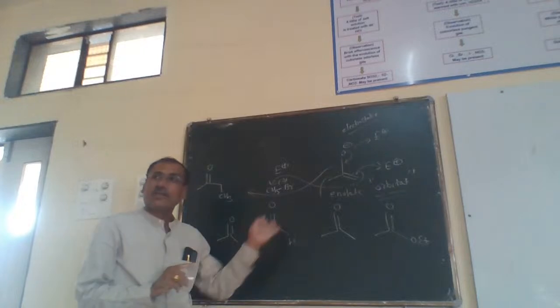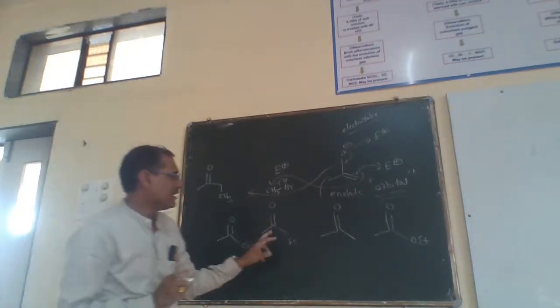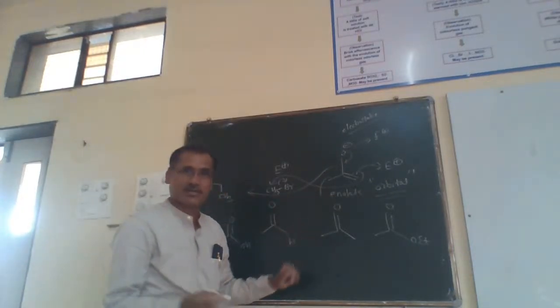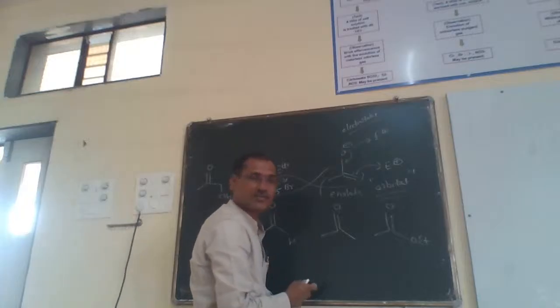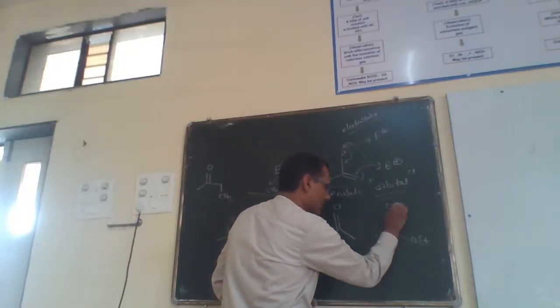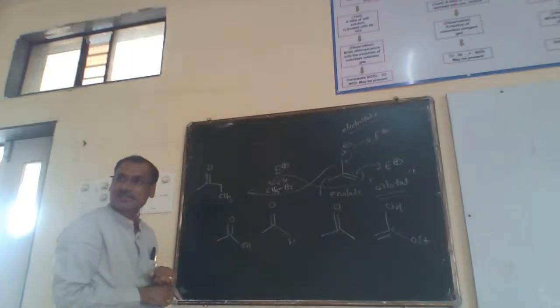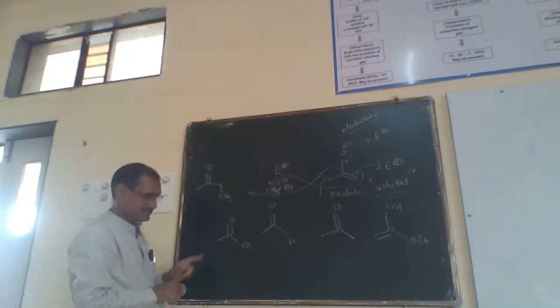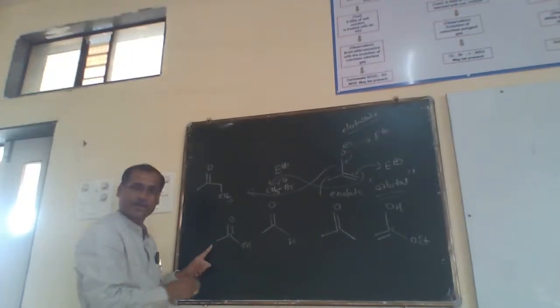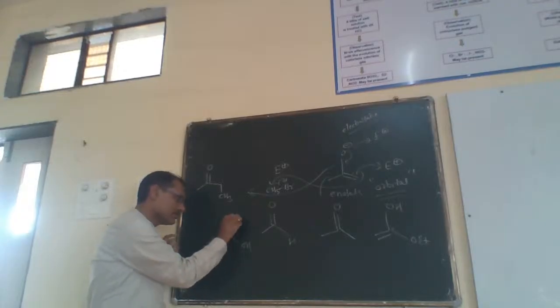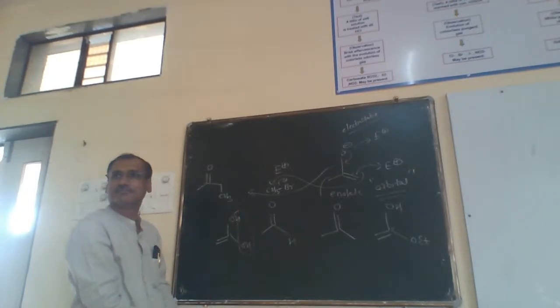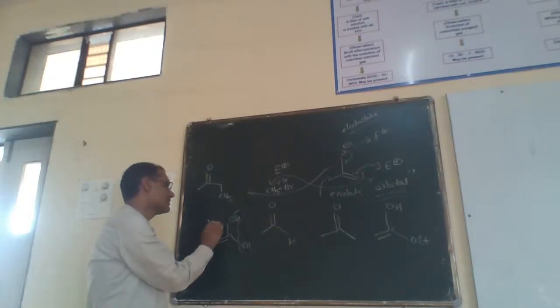Now try to draw the enol of all of them. We have already drawn the enols, no question. Try to draw the enol of this also. What will happen? Double bond OH. Try to draw the enol of this. There cannot be two OH on the same carbon.